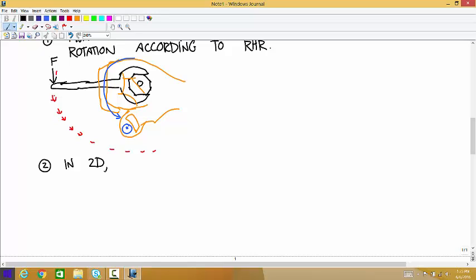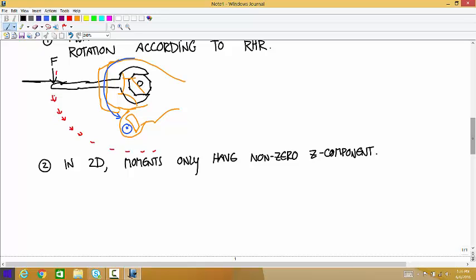Because the circular path that the things are moving in are in the xy plane, the axis can only be parallel to the z-axis. Let's do a 3-dimensional example.